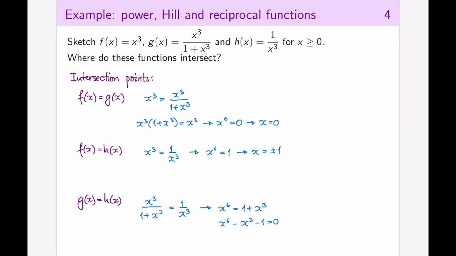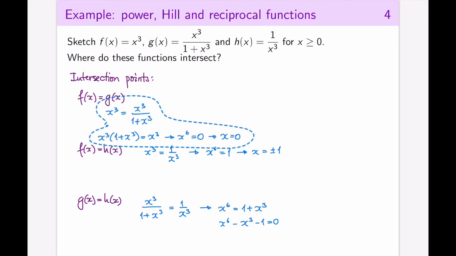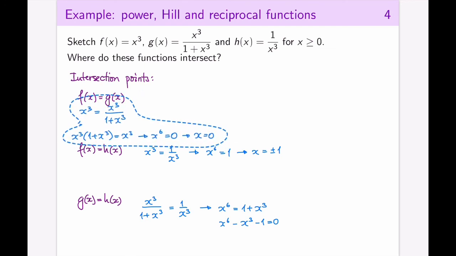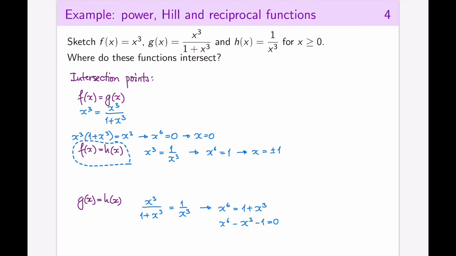Okay, now that I have all of that, let's try to put everything together onto a graph. Let me just move these things a little bit out of the way so that we have a little bit more room to work.